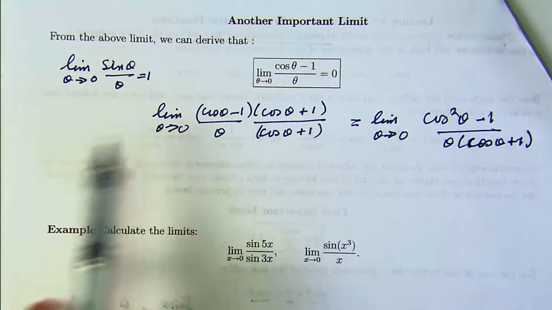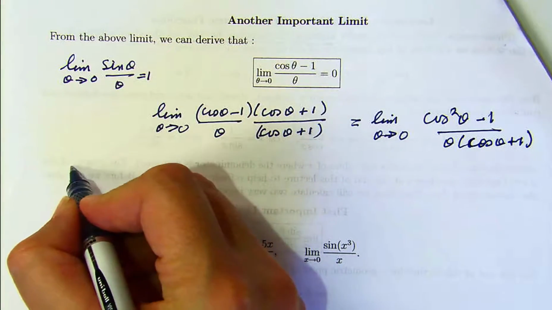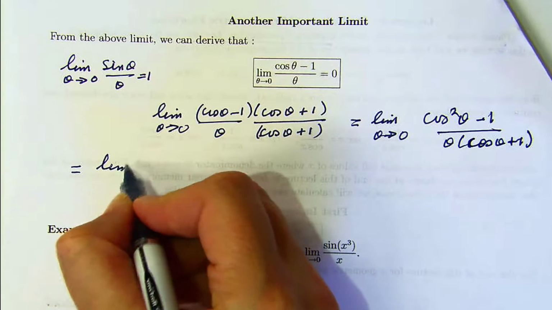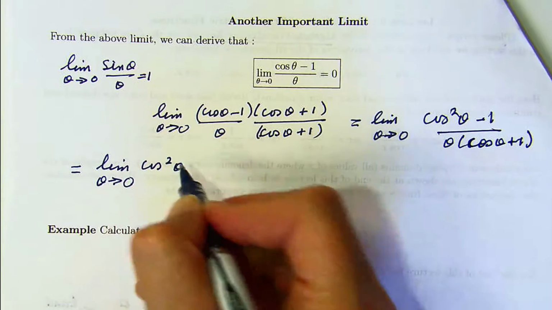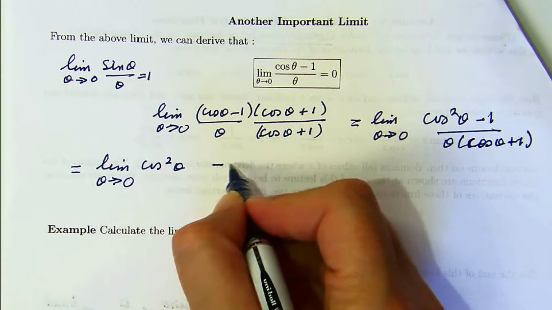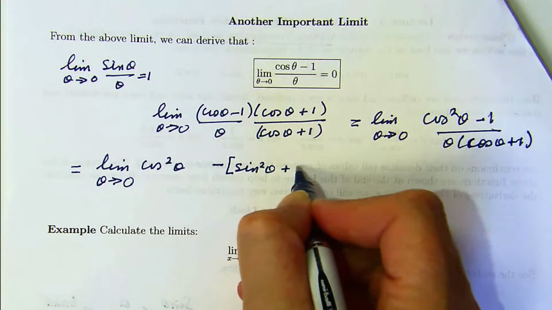And recall that sine squared plus cosine squared is 1, so this is the limit as theta goes to 0 of cosine squared theta minus sine squared theta plus cosine squared theta.